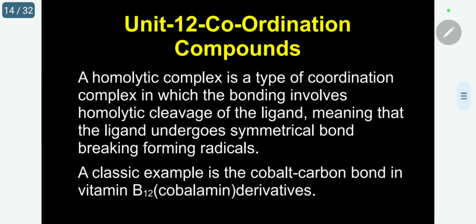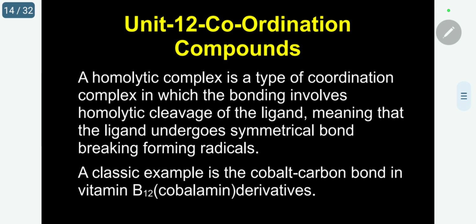A homoleptic complex is a type of coordination complex in which all the ligands are the same, symmetrical.